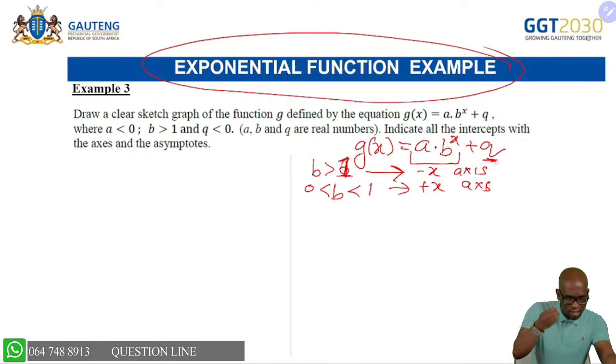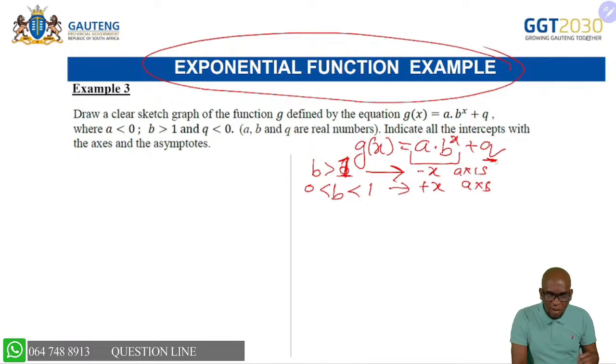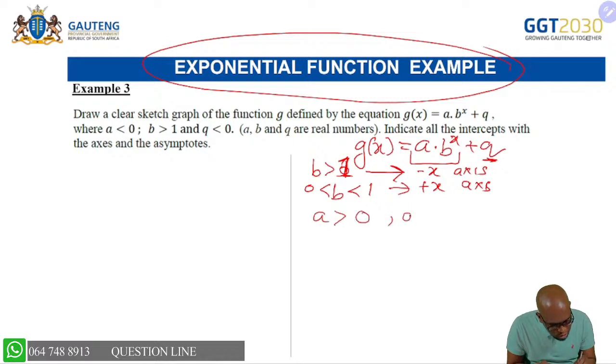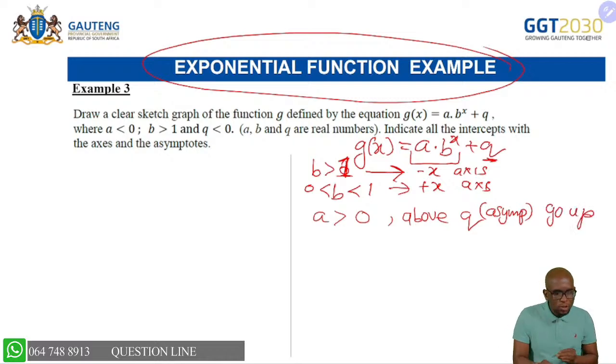They also say it tells us about the increasing and decreasing nature of the function, but I'm not going to entertain that for now. Now, let us look at the value of a. If a is greater than 0, it tells you that you should start above q, the asymptote, and then go up.